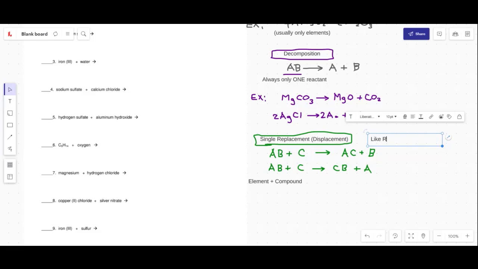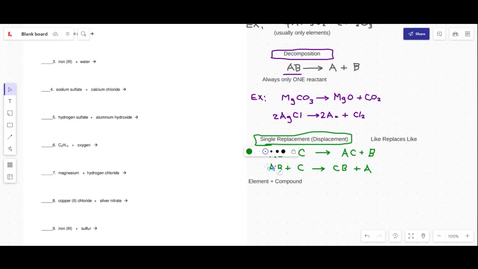What does that mean? It means that if your element is a metal, like for example, if C here is a metal, it's going to change places with A, which is a metal.